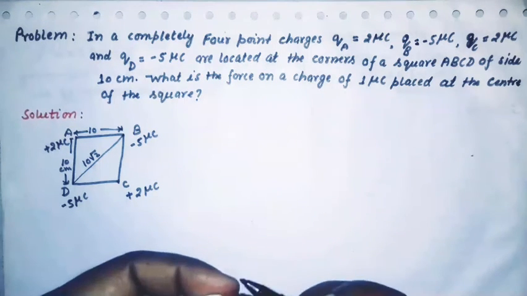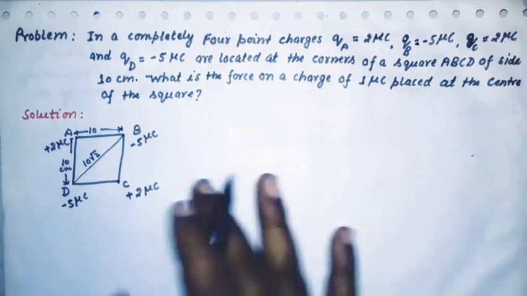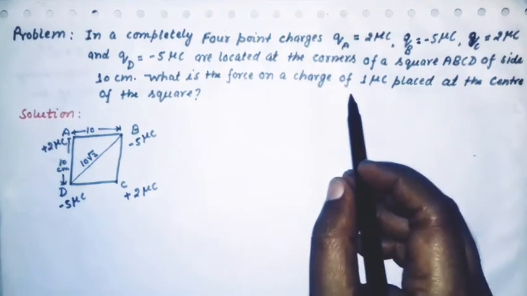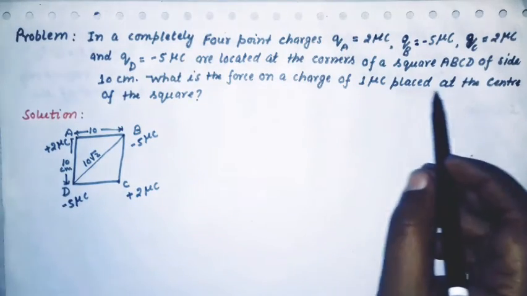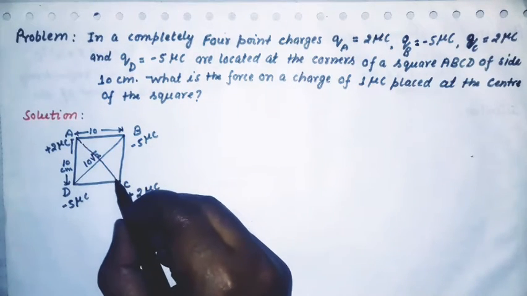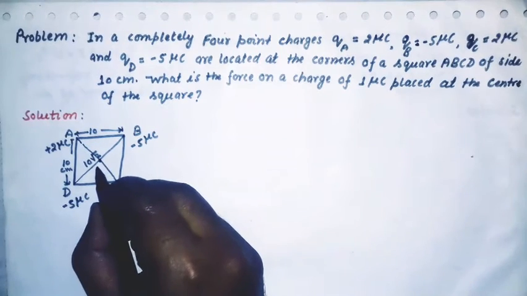Now find out the force. What is given, we have already plotted. What is the force on a charge of 1 microcoulomb placed at the center of this square? So we will mark the center of this square. The center is the place where the diagonals cut, so 0.